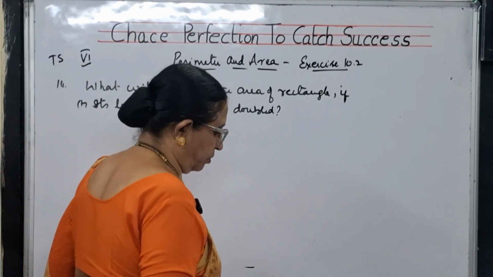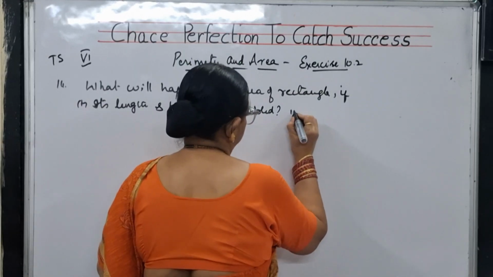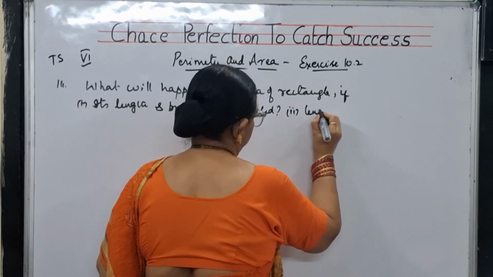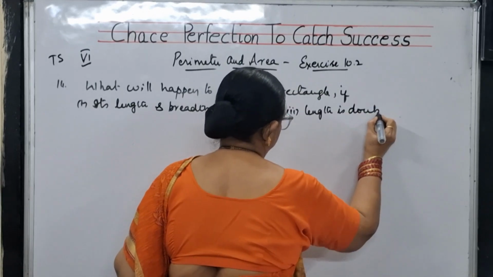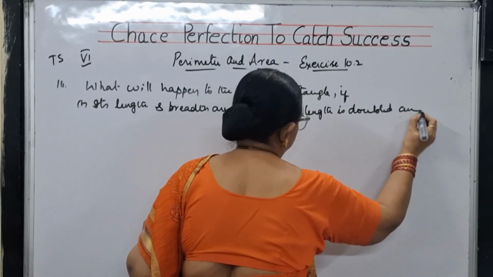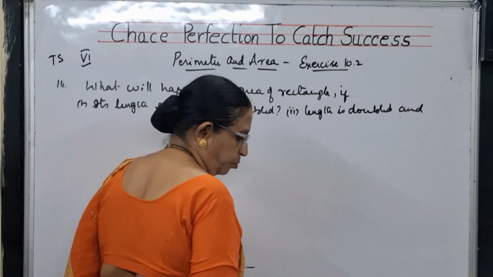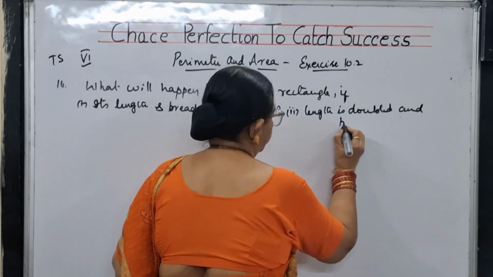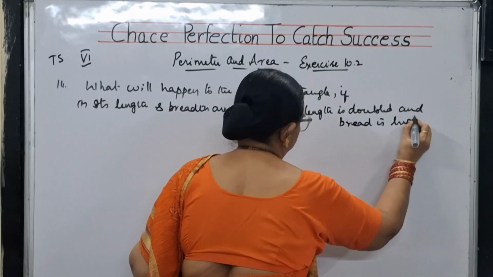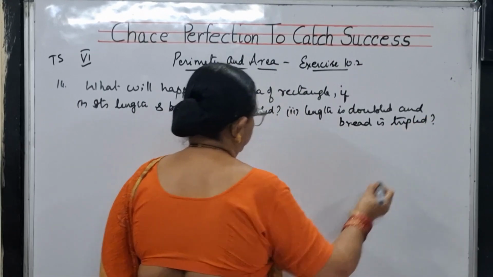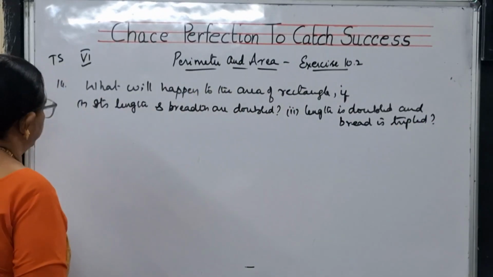And second question, length is doubled and breadth is tripled. These are the two bits. One by one we will be doing.